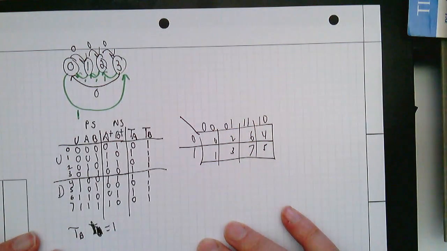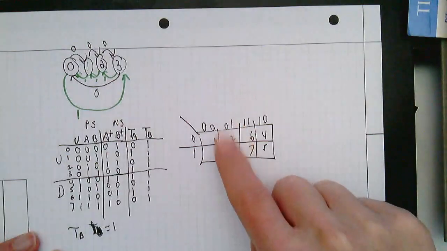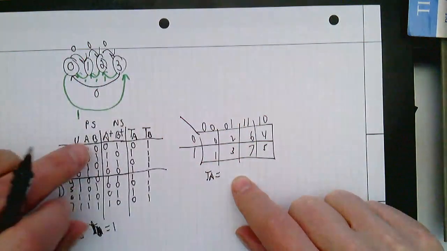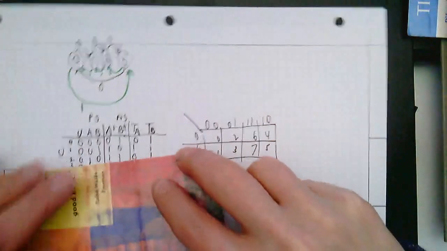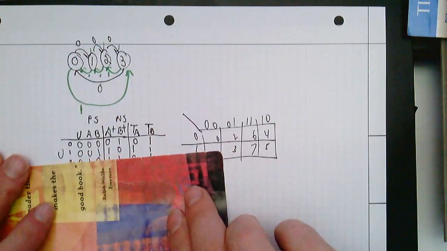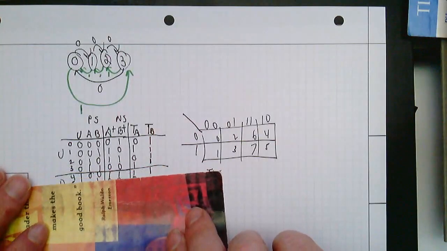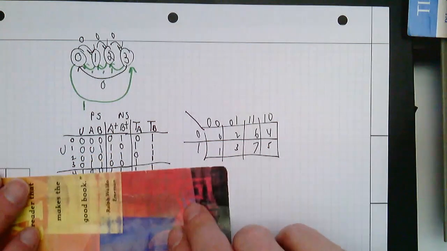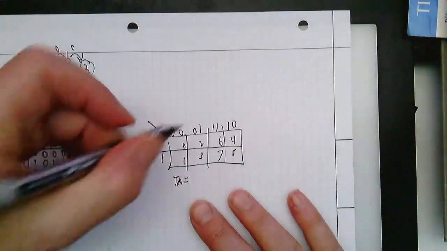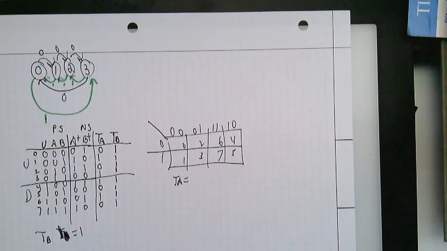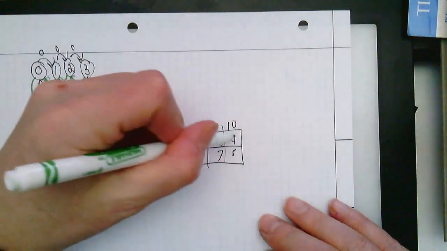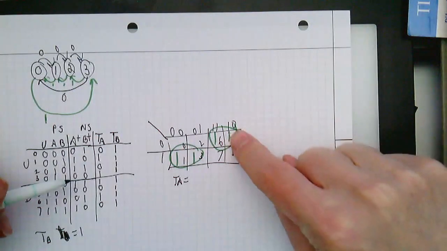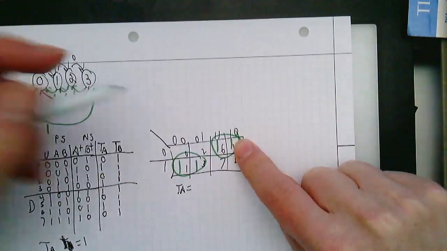And now, I think maybe what we'll do is fill in this K-map and write T sub A equals, and I think we're going to have a 1 on rows 1, 3, 4, 6, so it's 1, 3, 4, 6. Let's get a different color. Oh, we've got to label this K-map, right?